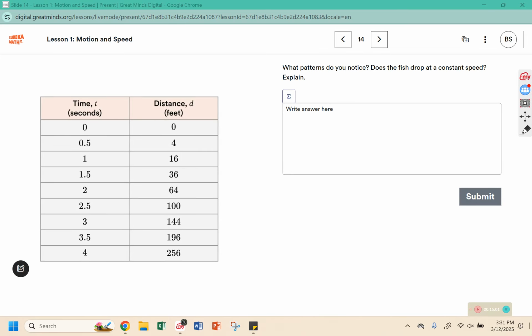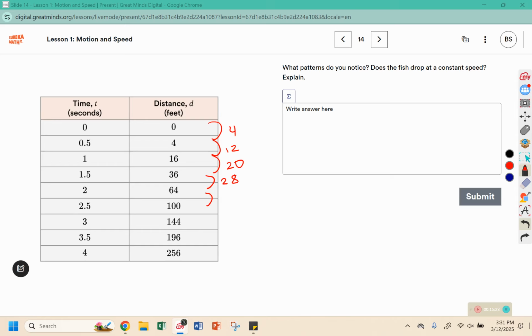What patterns do you notice, and does the fish drop at a constant speed? That increased by 4. From 4 to 16, that is a change of 12. From 16 to 36, that's a change of 20. From 36 to 64, that was a change of 28.